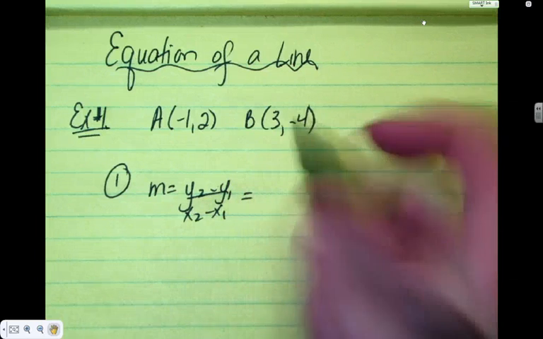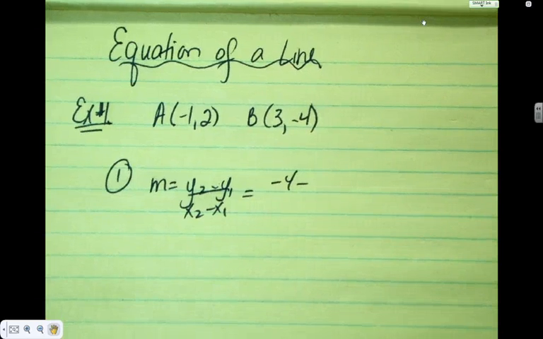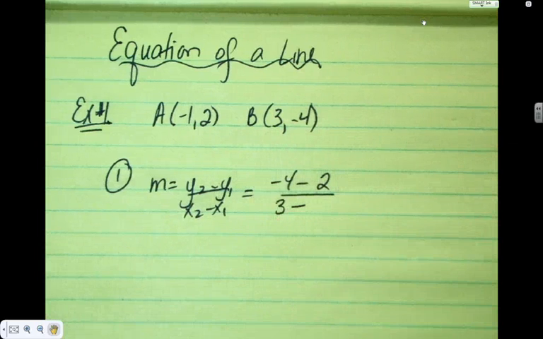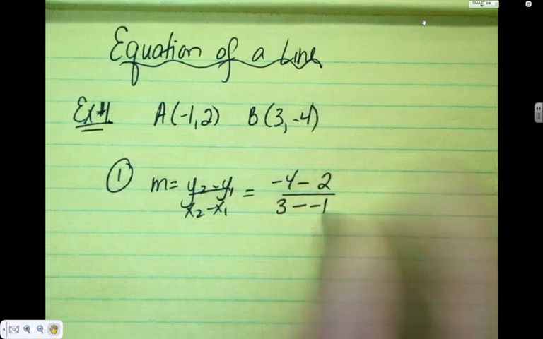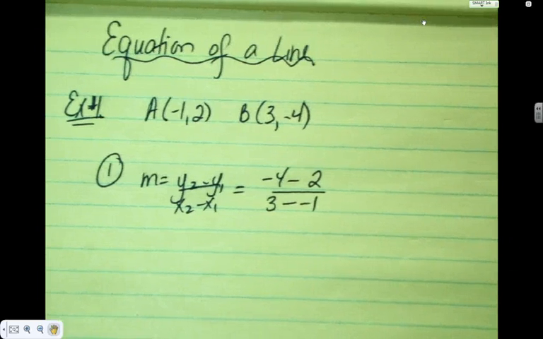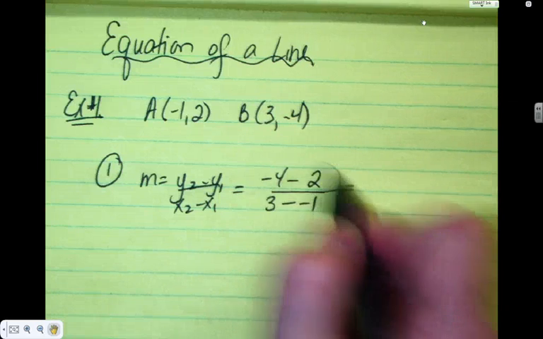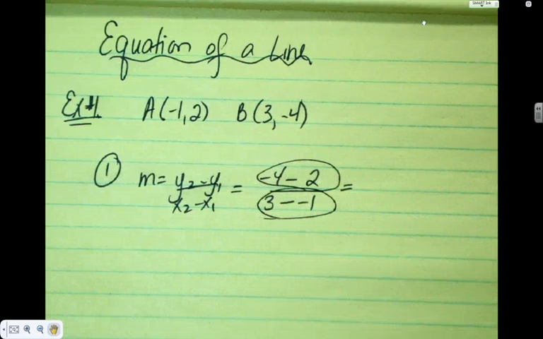So the second y value is -4. The first y value is 2. The second x value is 3. And the first x value is -1. We simplify the top, and then we simplify the bottom, and then we simplify the fraction if we can.